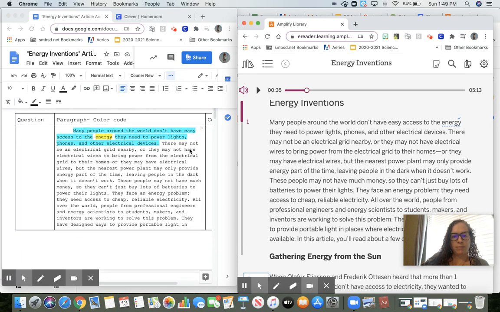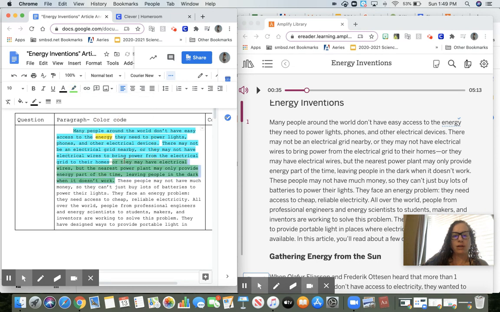Okay, so let's pause and see what else we got. All right, so there may not be an electrical grid nearby. That kind of sounds like an example still, right? I would say that this part right here where it talks about how we get our power from the power plants could be more like a rule because that's kind of how it always works.